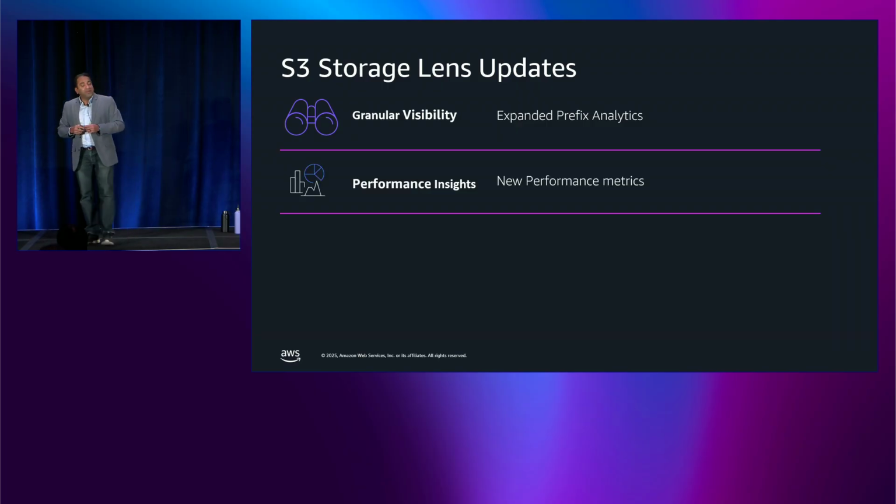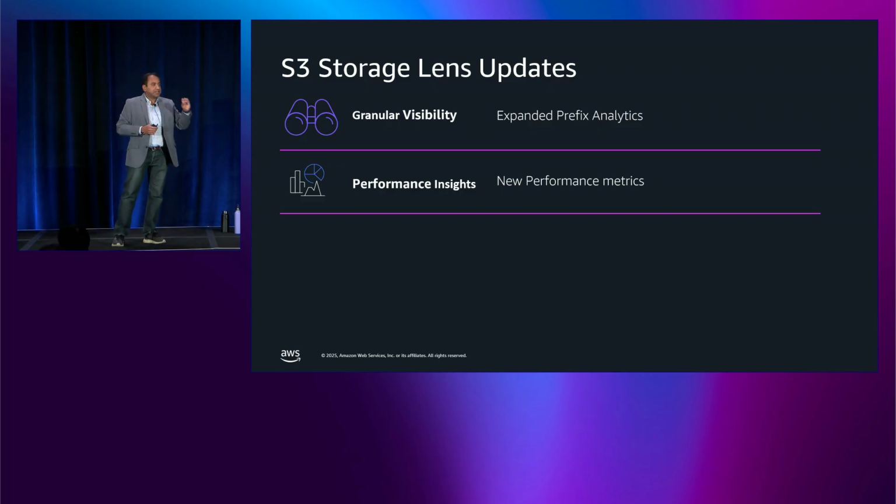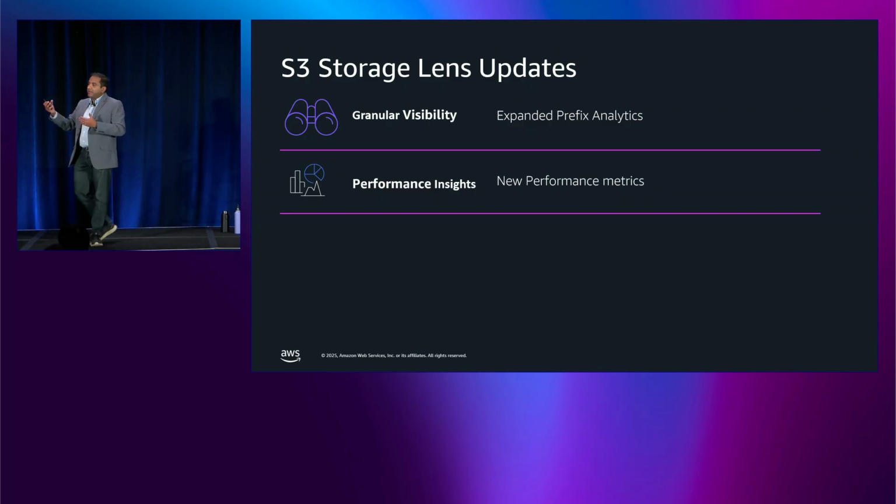Number two, we have added new performance metrics. And very specifically, these metrics are around how your applications are accessing your data in S3. It gives visibility to that interaction, right? So the idea is it will help you identify any inefficient requests and eliminate those bottlenecks.